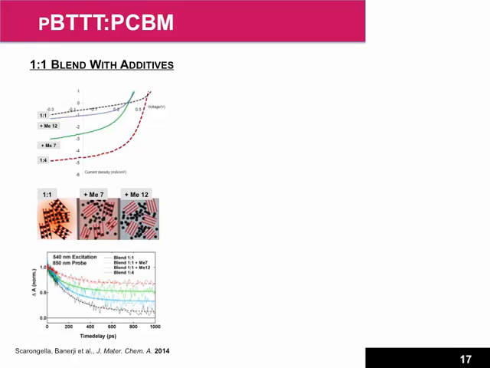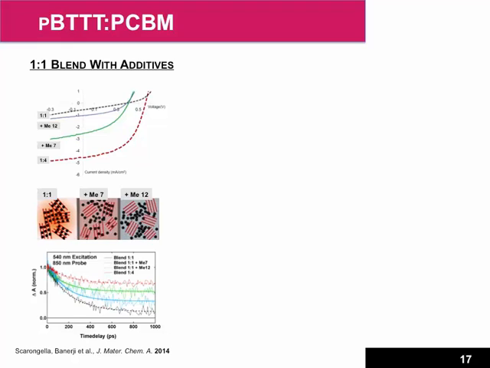The first thing we saw is that when we just looked at the signal of the transient absorption, here just in a band of the charges, the solar cell efficiency really correlates to the amount of signal that we had at long time delays. So what limits the efficiency in those systems is really the loss of charges or excitons on the fast, less than 1 nanosecond time scale.